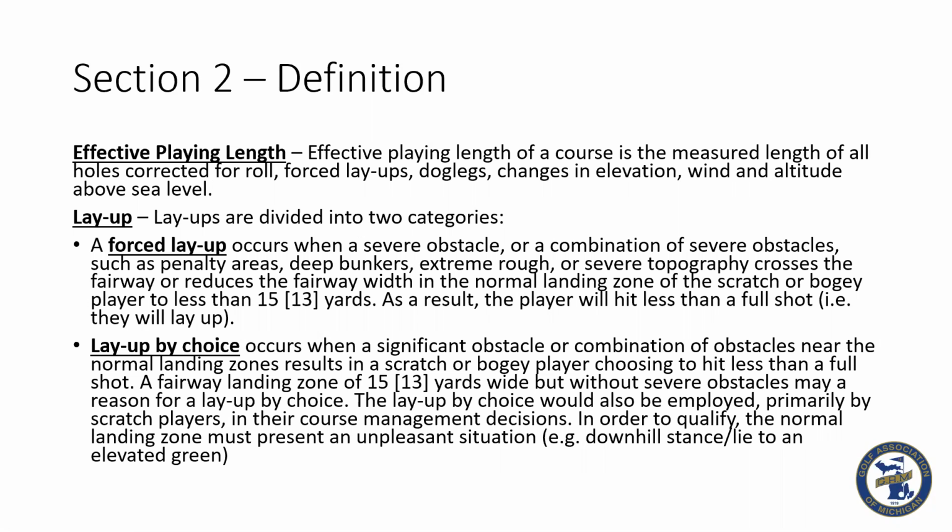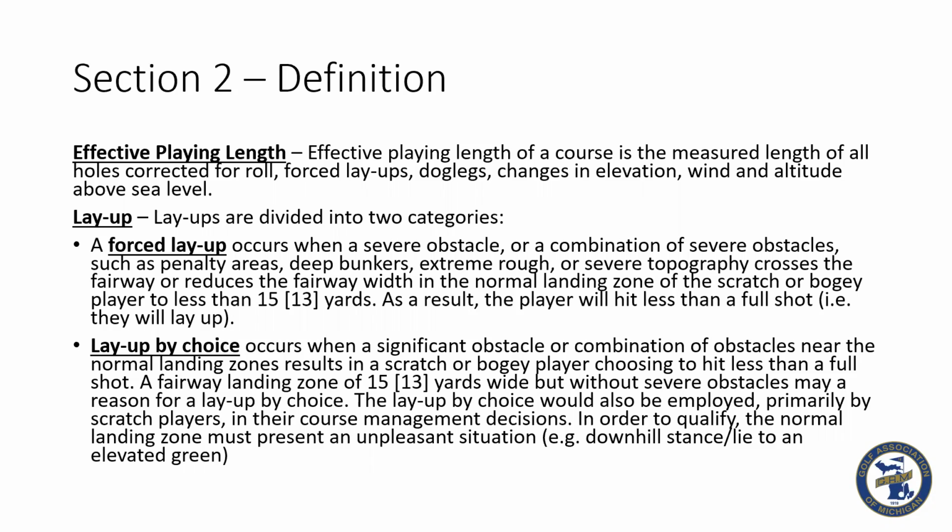Hopefully they provide more clarification on what unpleasant means, because I think that would solve a lot of the questions we're having, if they laid out more scenarios than just a downhill stance or a lie to an elevated green. That's a good example, but it can't be the only example of an unpleasant situation where someone would lay up by choice.